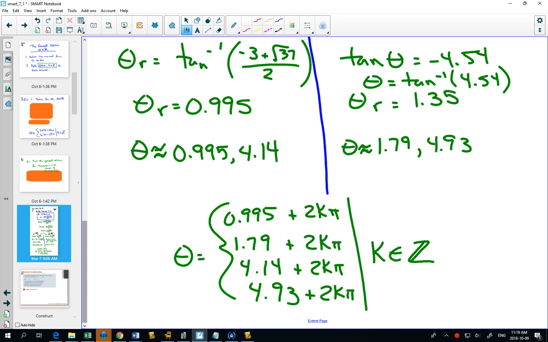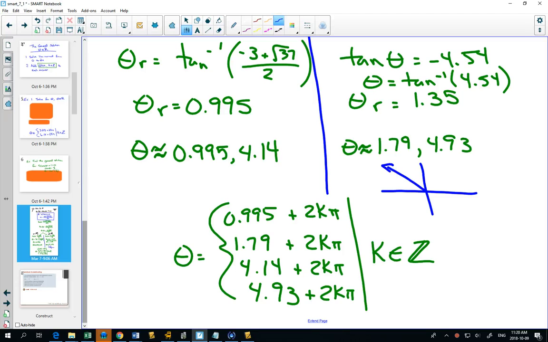Yes? So you could, before did you say you could just write like one of the numbers and then put like plus k pi? It depends where they are. For tan, that would work because of an understanding of tan. Where's 1.79?